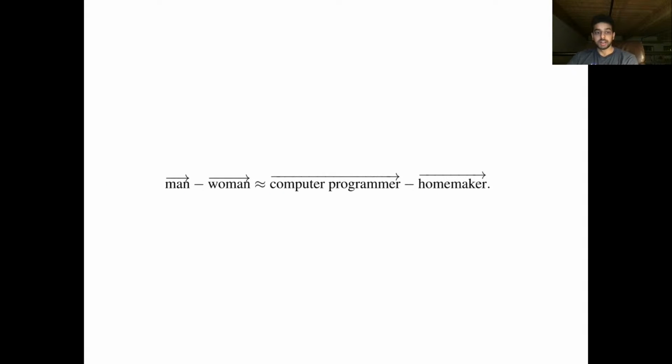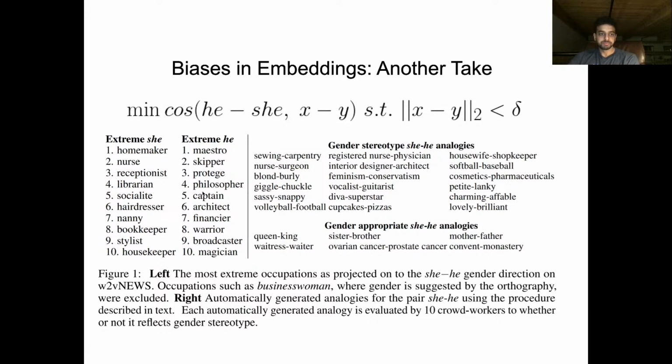But there's been a lot of work on this, and specifically these kinds of analogies have been found in word embeddings that are trained on massive amounts of data, where if you take the embedding for man and subtract from it the embedding for woman, this is very, very similar to a vector you get by taking the vector for computer programmer and subtracting the vector for homemaker. So obviously indicating that some of these stereotypes are baked into the actual word embeddings of our models.